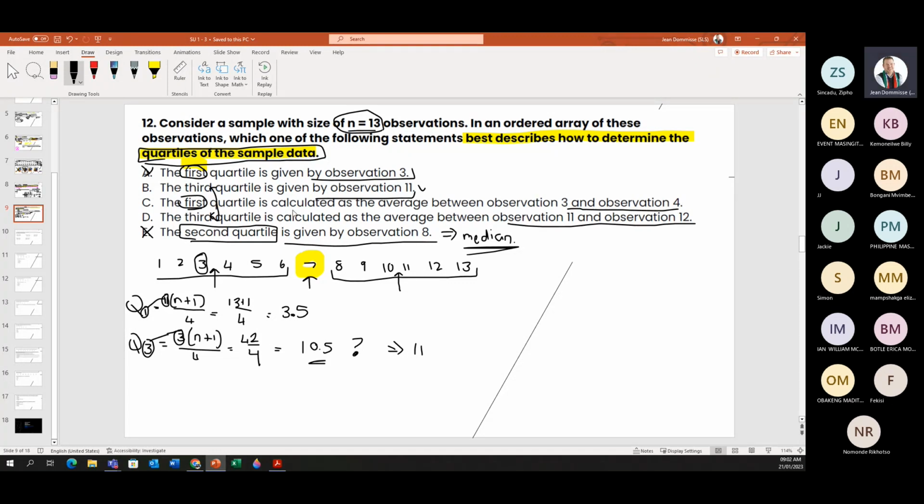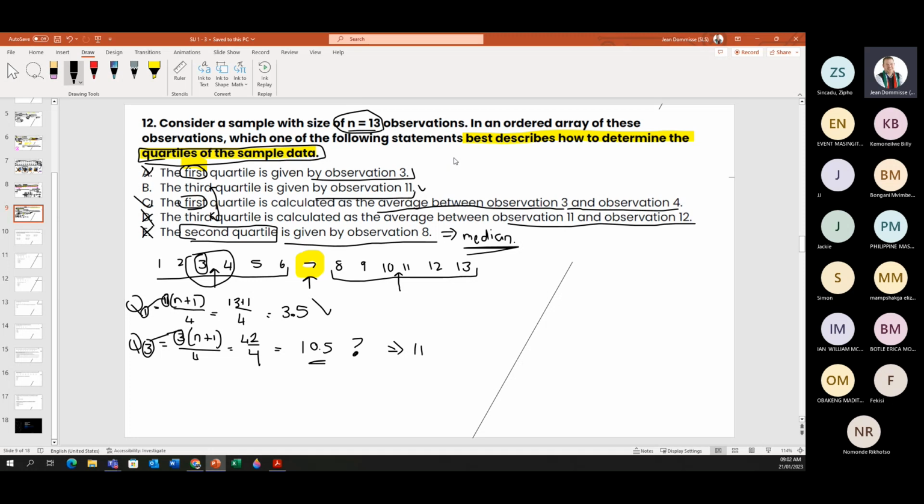The first quartile is calculated as the average between observation 3 and 4, 3.5. Average of 3 and 4, correct. The third quartile is calculated as the average between 11 and 12. No, it's between 10 and 11. So that one is incorrect.